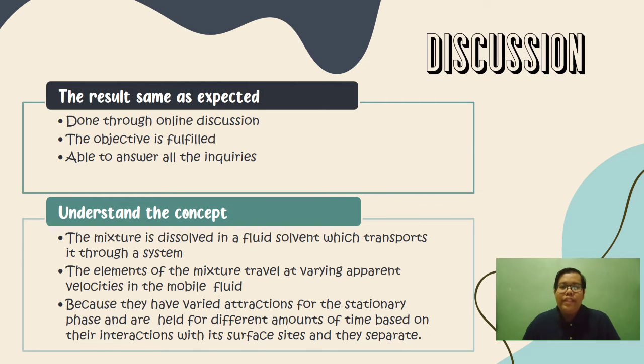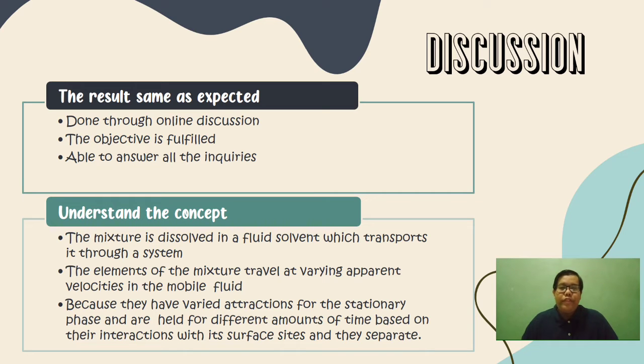From what we understand of the concept of paper chromatography, the mixture is dissolved in a fluid solvent called the mobile phase, which transports it. The components travel at varying velocities in the mobile fluid because they have different attraction for the stationary phase and are held for different amounts of time based on their interaction with its surface sites.